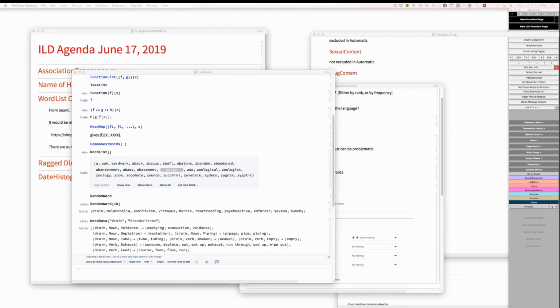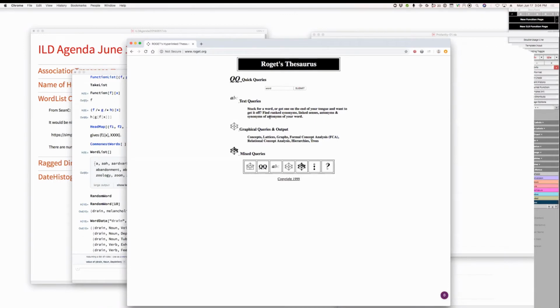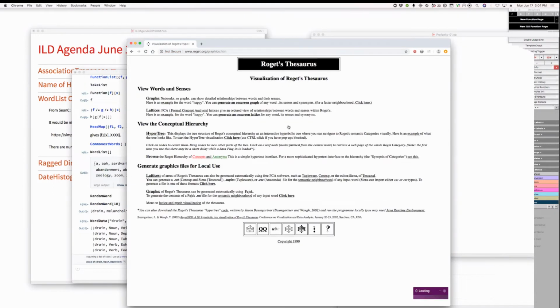Let's see. Oh, look at that. That's cool. I don't even know what this would look like. Let's try our virtuous word. This is a very old website, whatever it is. What happens if I do that? Who knows? Somebody had a hyperbolic tree visualization of the thing.